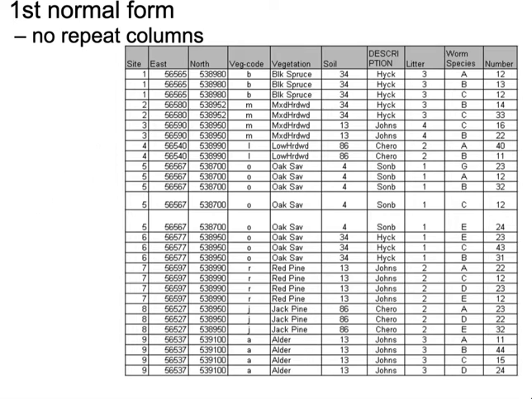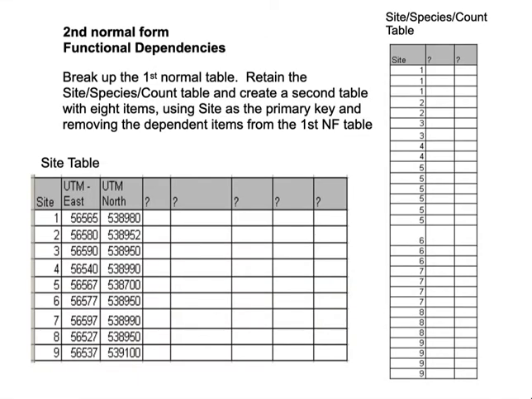And then I have to decide, well, okay, what are my functional dependencies here? What do I need to identify the types? And so we have basically sites and worms, and then we have stuff associated with the sites and stuff associated with the worms. So I kind of have to split that up into my tables.